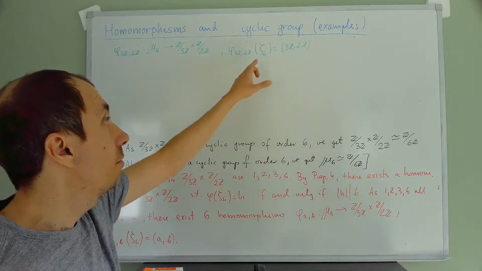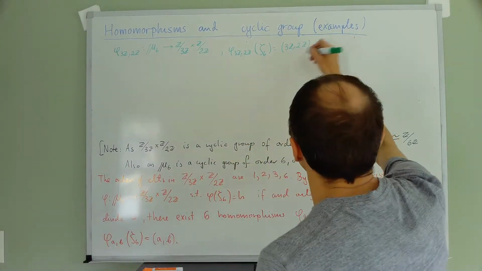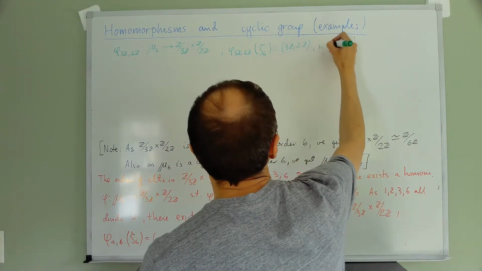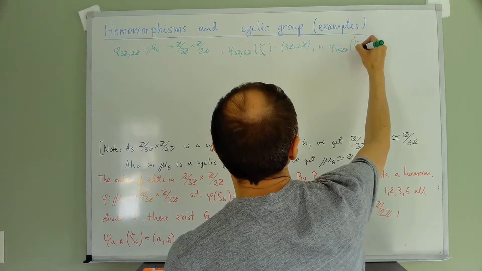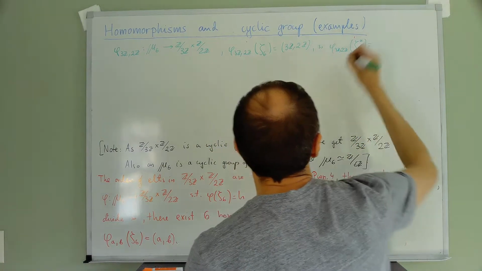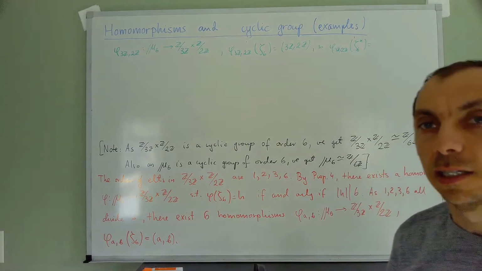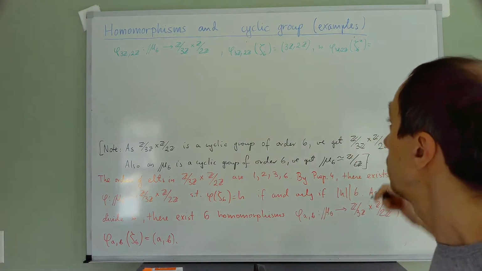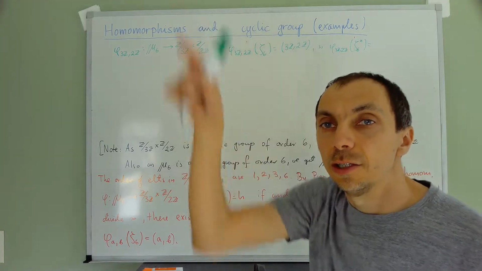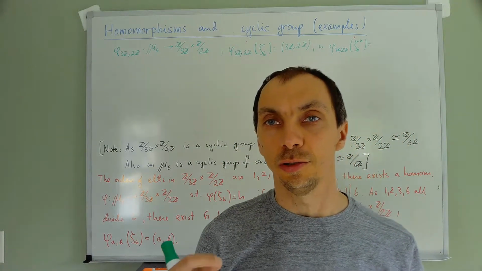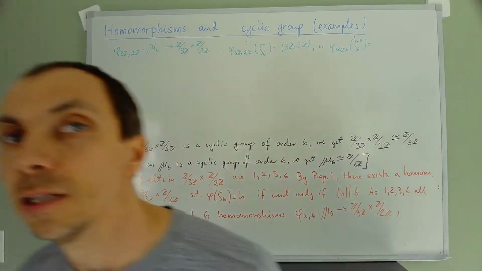But that means now every power of zeta 6 is going to be mapped to the identity, right? So phi 3Z, 2Z of zeta 6 to the n is, okay, so I can take the power outside, but taking the power outside, I'm acting now on this group, and in this group, I shouldn't really use exponentiation, I should use multiplication instead.